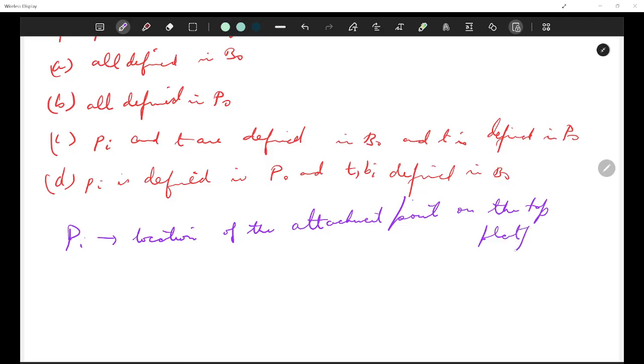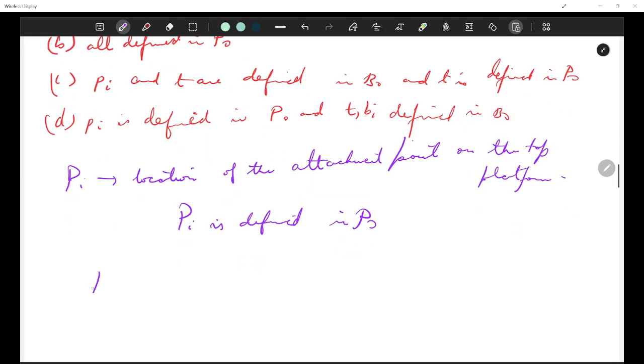Since it is attached to the moving platform, it is naturally defined in the platform frame P naught. So Pi is defined in P naught. Now what is R? R is the rotation matrix frame.